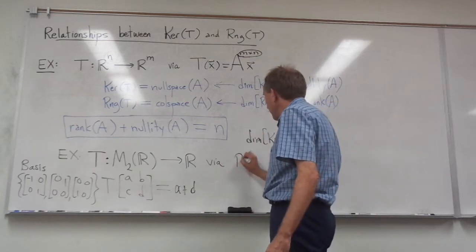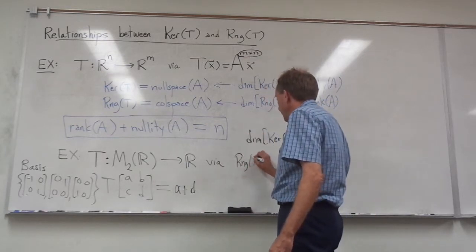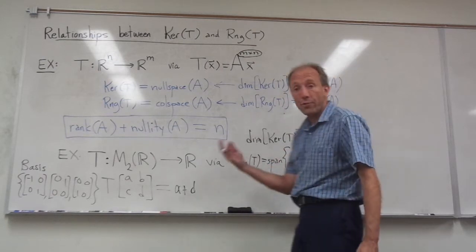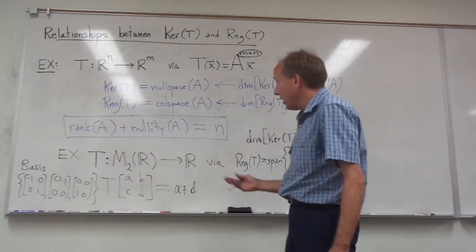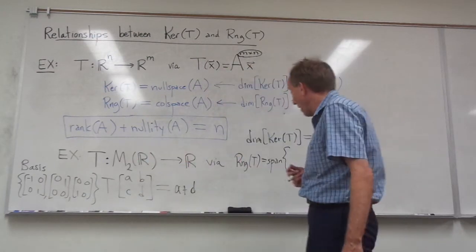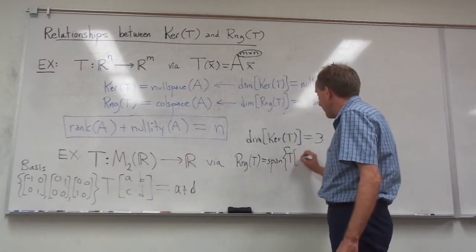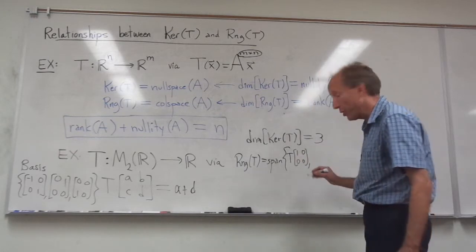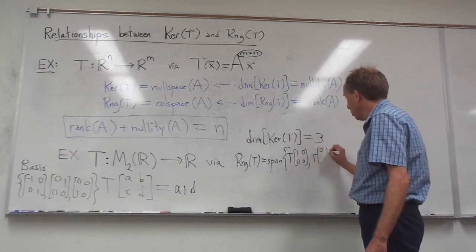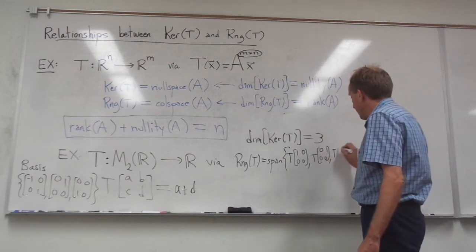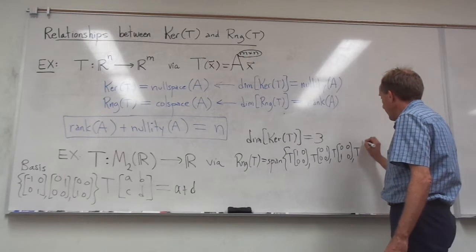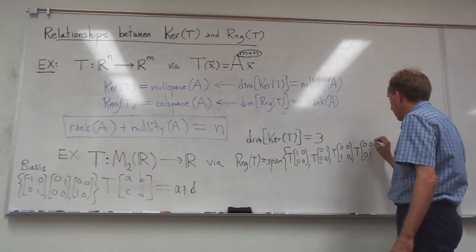Remember, the range of T is simply the span of the transformation of a basis of M2 of R. The easiest basis I can think of would just be the standard basis: 1, 0, 0, 0, and then 0, 1, 0, 0, then 0, 0, 1, 0, and finally 0, 0, 0, 1.